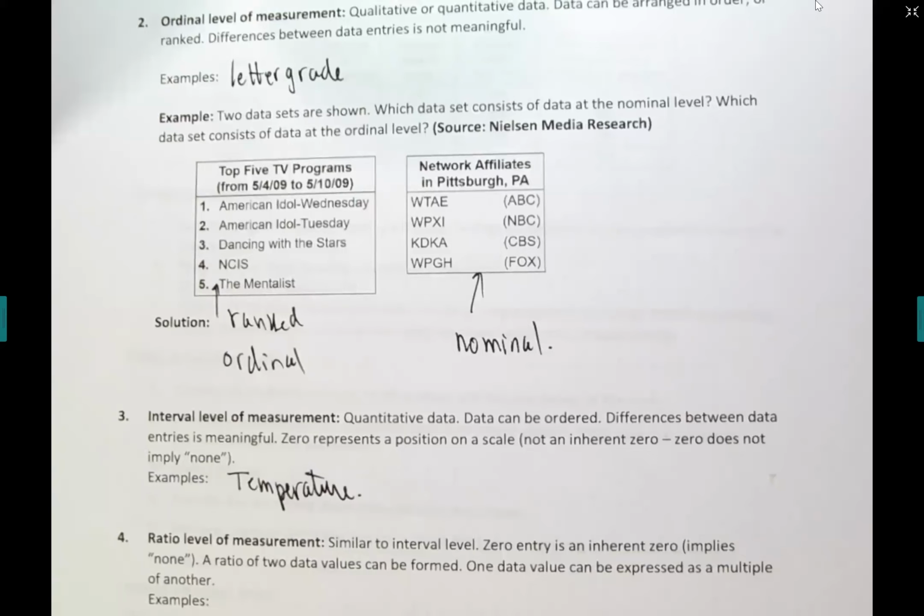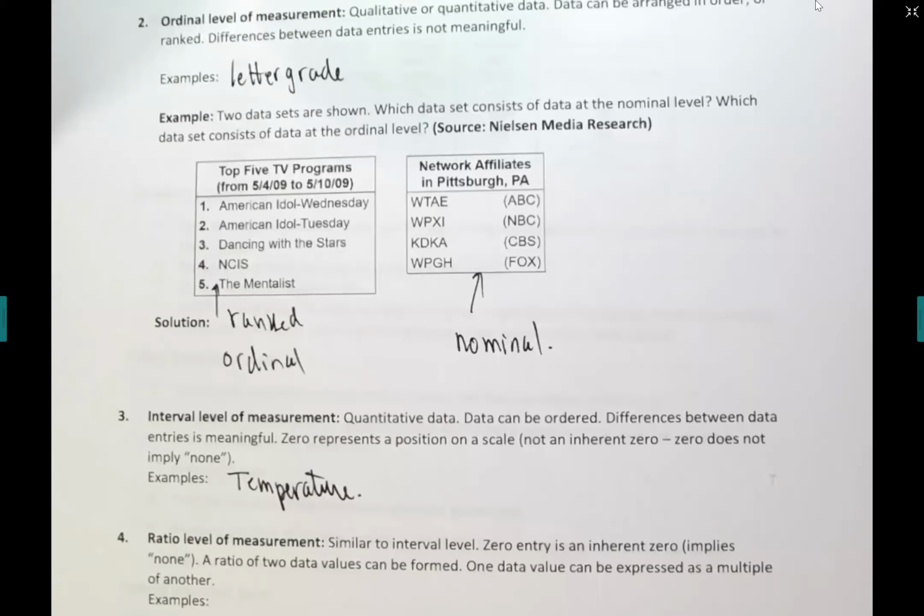And if the temperature is 0, it doesn't mean that we don't have temperature, we don't have cold weather or warm weather, etc. 0 is better than -10, guys. So 0 means something when it comes to temperature. So temperature is the one, and the 0 represents a position on the scale, because temperature can go above 0 and can go below 0.